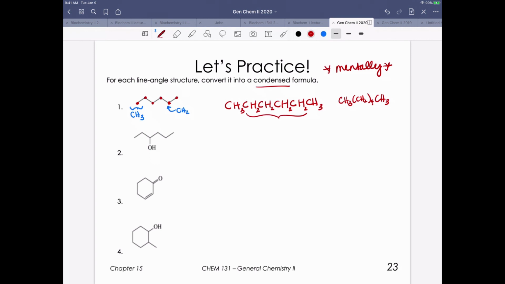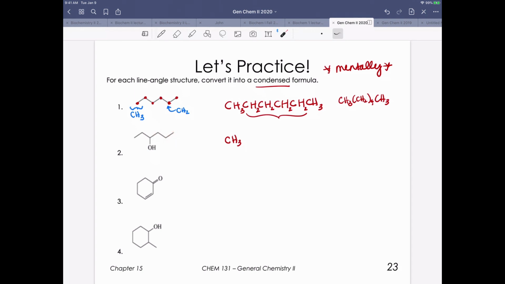I'm going to try to draw this one out just by visually seeing it and saying it. So I've got CH3 at the end. Actually, let me walk through with my laser pointer here and then I'll write it. CH3, CH2, CH with parentheses OH, CH2, CH2, CH3.